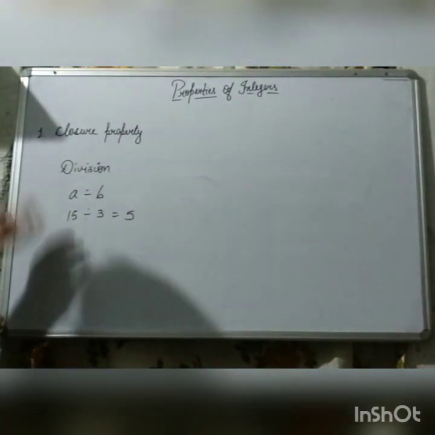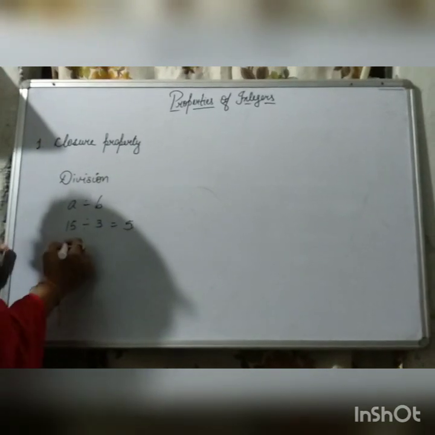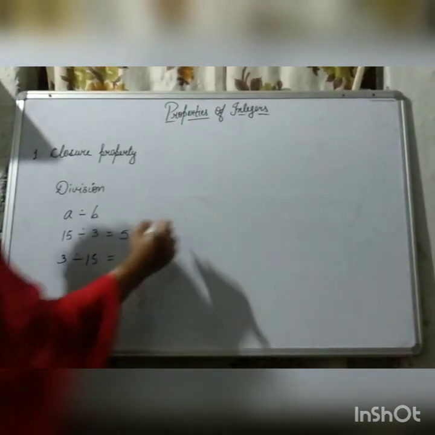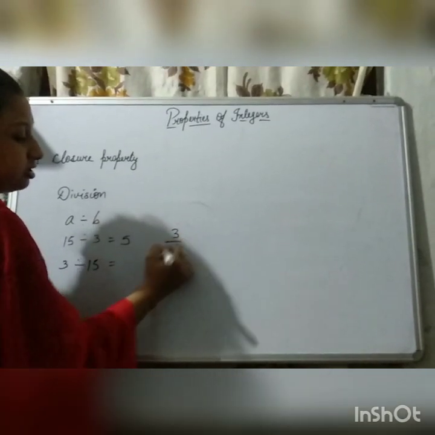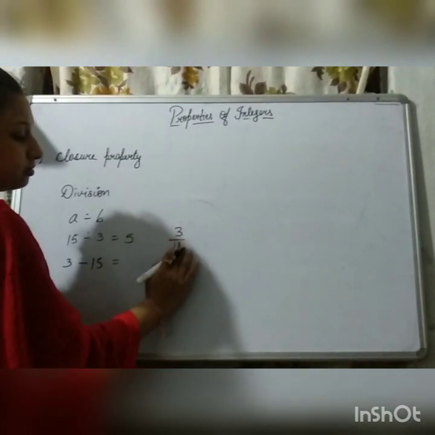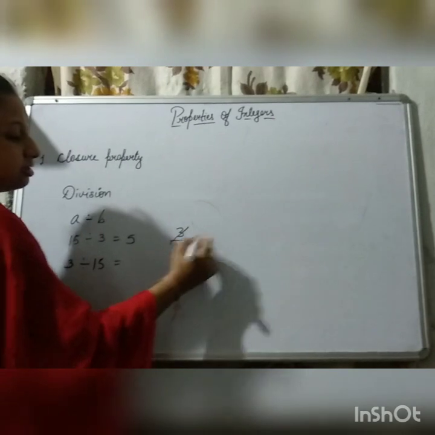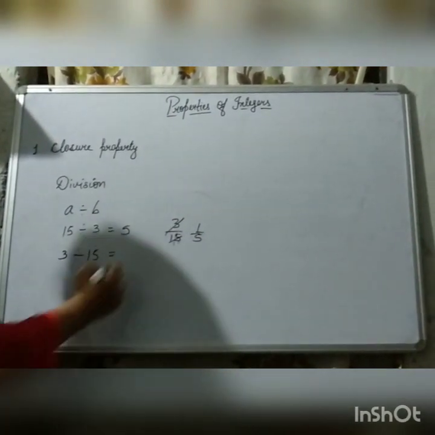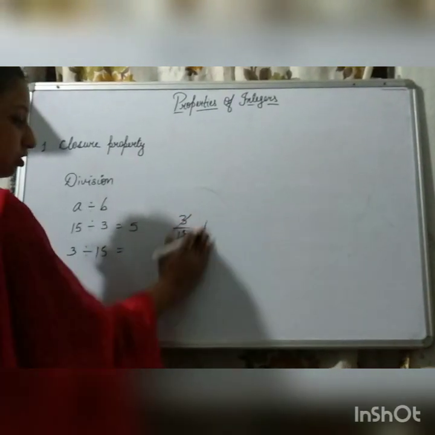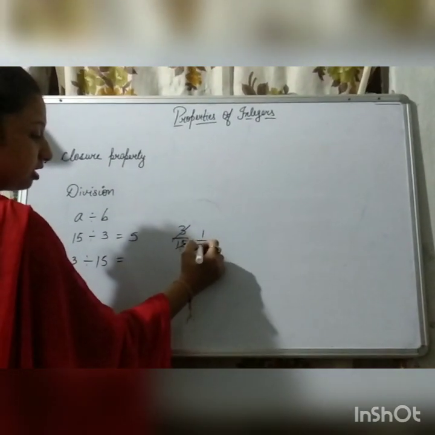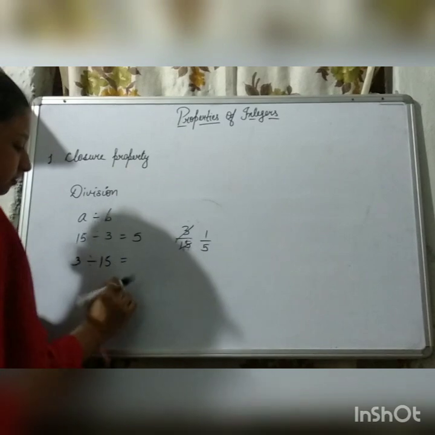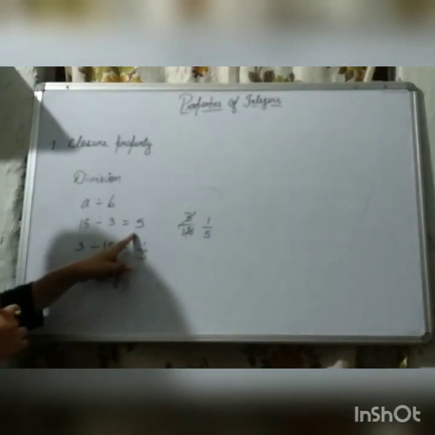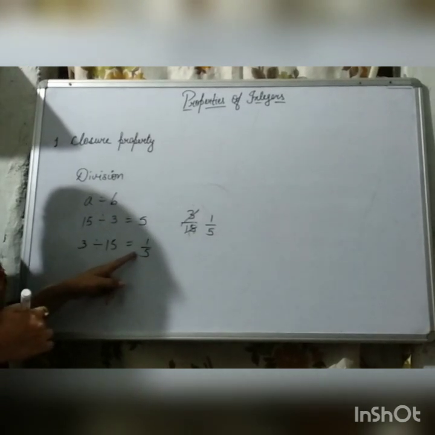If I take another example, suppose I take 3 divided by 15. If I divide 3 by 15, what will be the answer? 1 by 5. That means here 1 by 5 is a fraction.